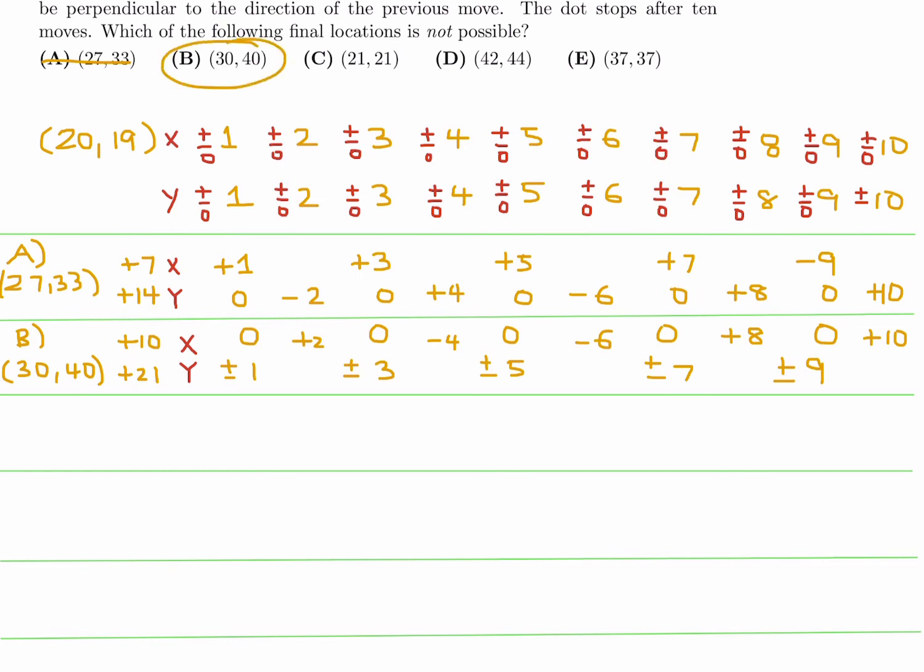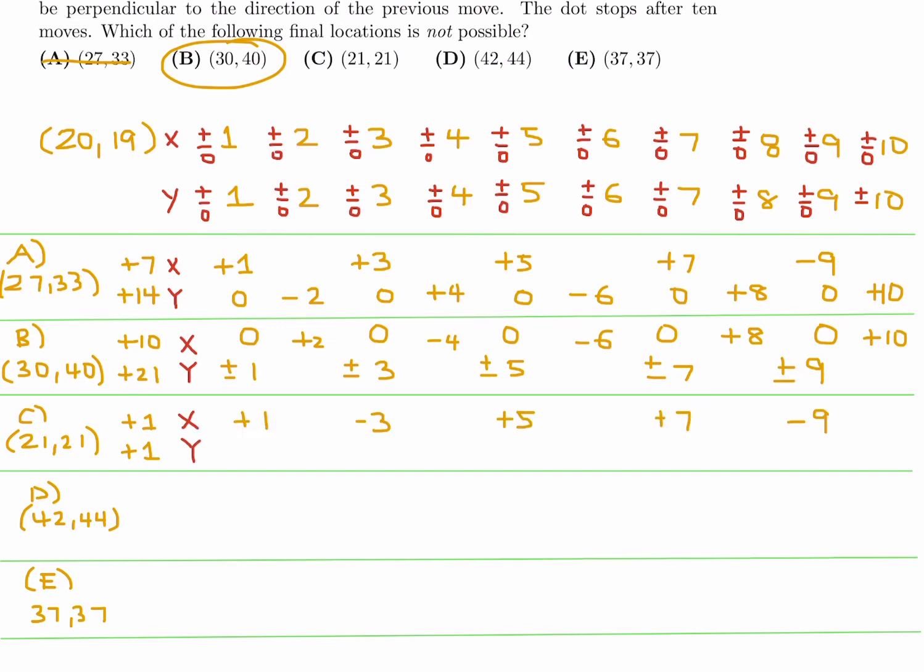And just for the sake of completion, I will write out the ways to get the other 3 choices, which are 21, 21, 42, 44, and 37, 37. So here we go. For 21, 21, that's what? Plus 1 and plus 1. So that's pretty straightforward.